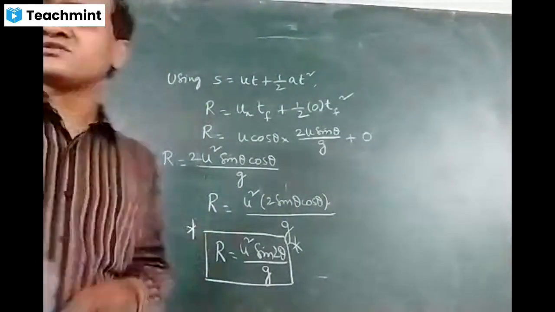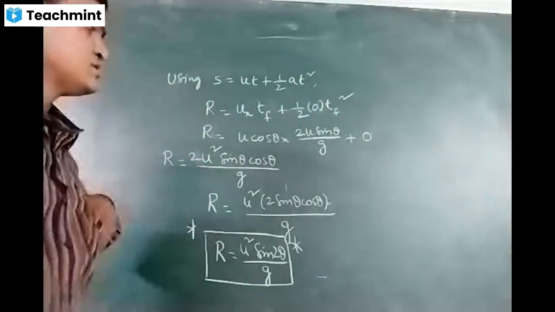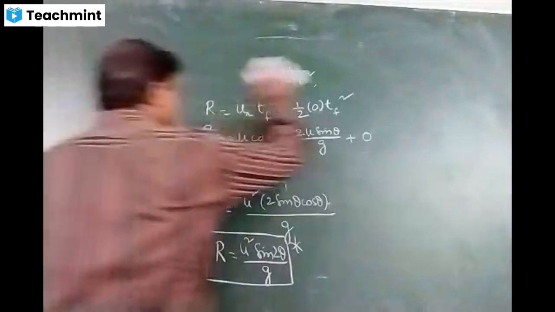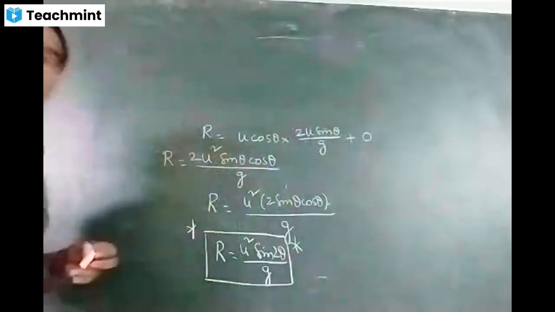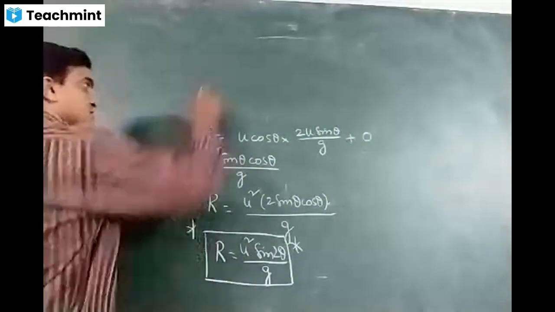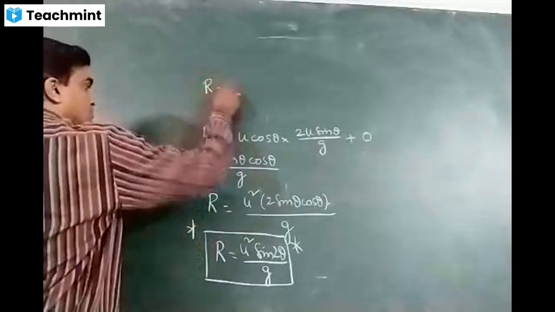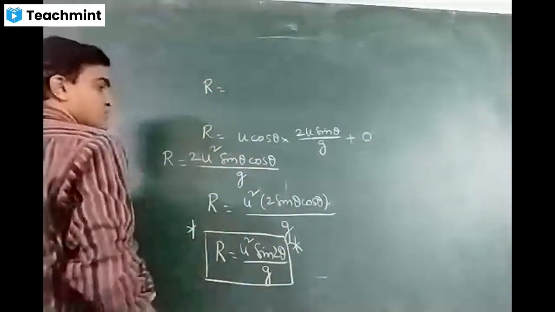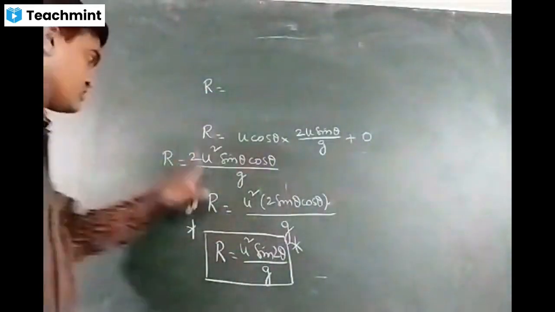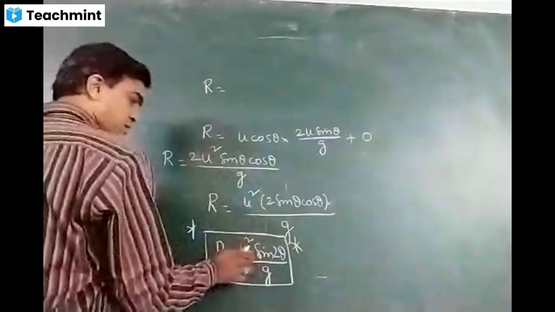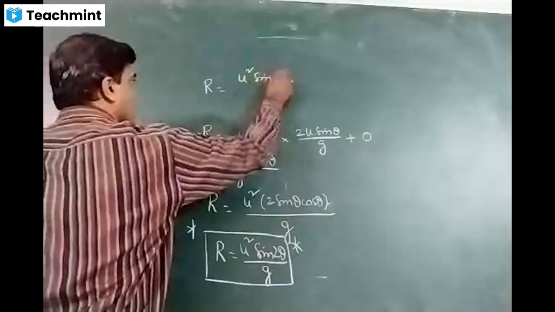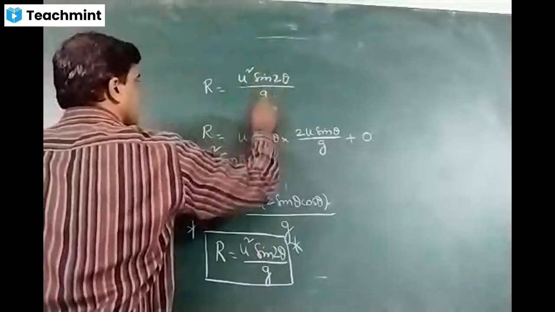Now I can also express this range like this. R = u² sin 2θ / g.